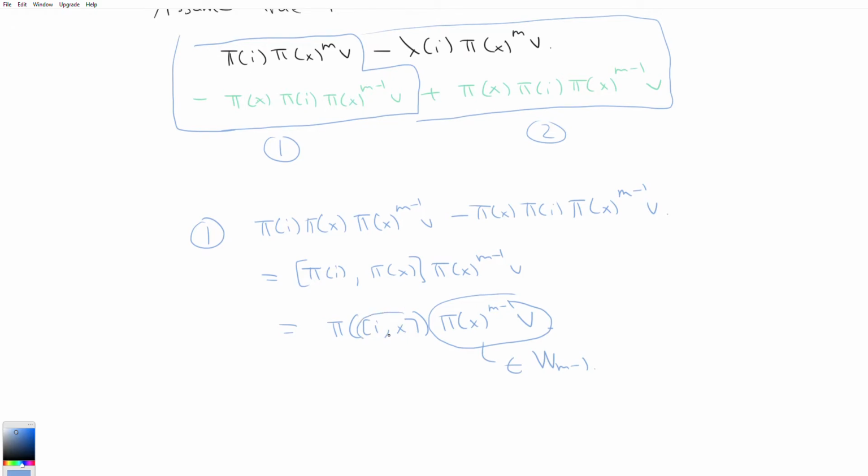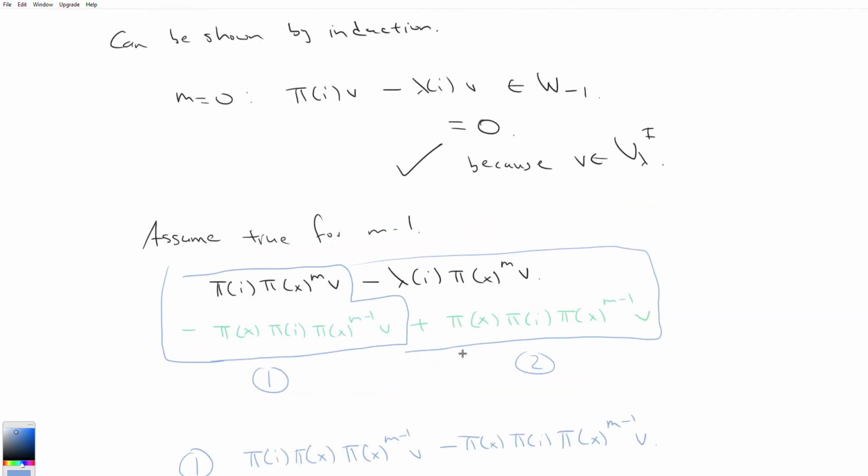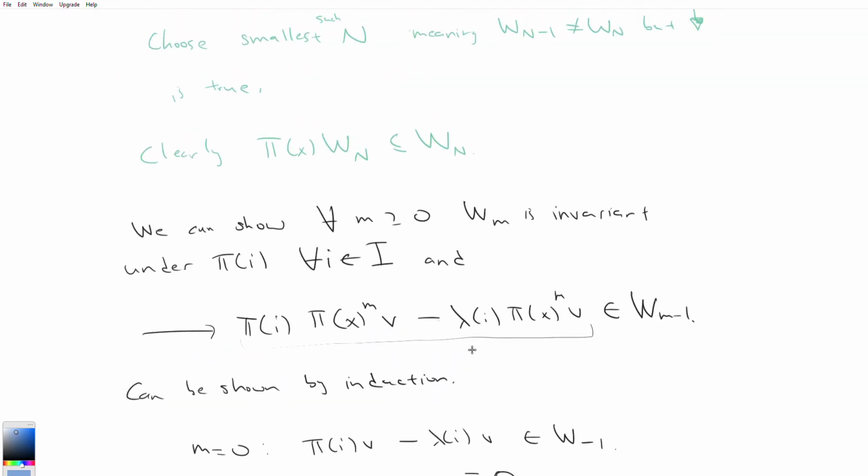This thing is an element of I, and we'll call it I prime. So we have pi of I prime acting on pi of x to the m minus 1 v, right? And so we assumed all the way up here that W_{m-1} is invariant under pi of I for all I in the ideal.